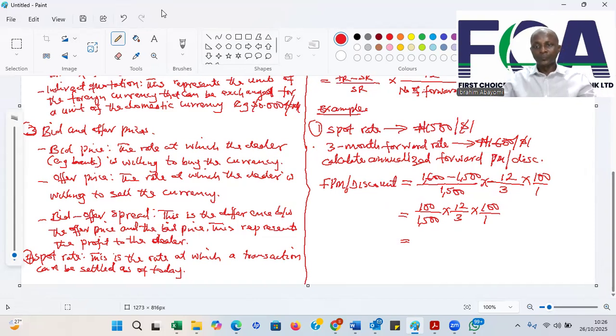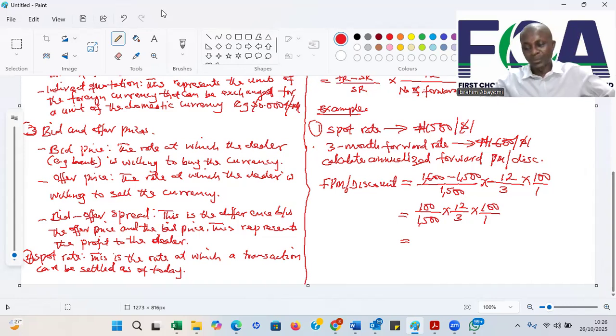So what do we have? Let's get that done. 100. Let me have my calculator. Okay, so we have 100 divided by 1,500 multiplied by 12 divided by 3 times 100.